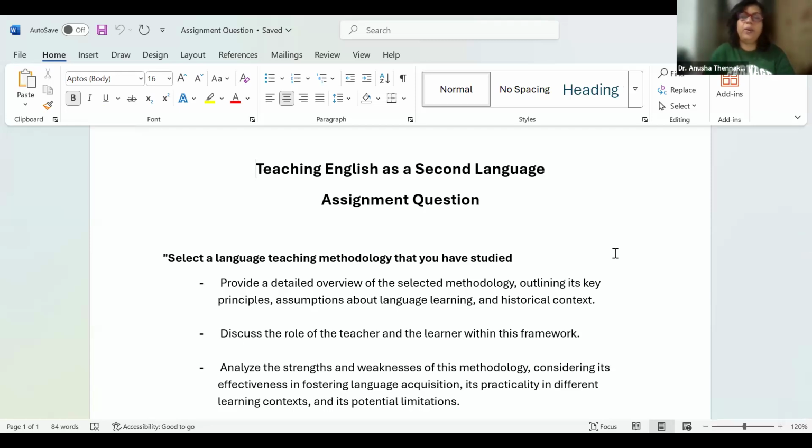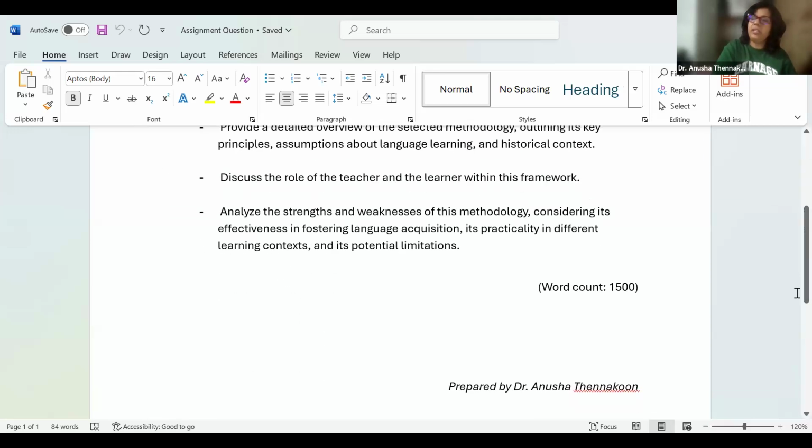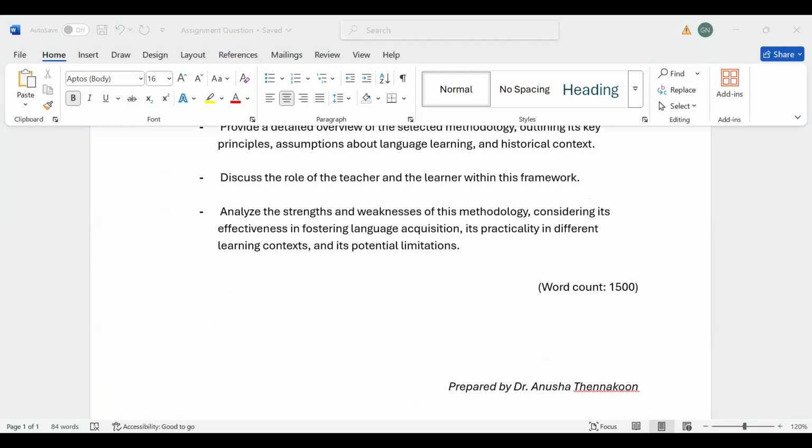Provide a detailed overview of the selected methodology, outlining its key principles, assumptions about language learning and historical context. Discuss the role of the teacher. You have already read this. So, when should you submit your assignment? 28th of February.